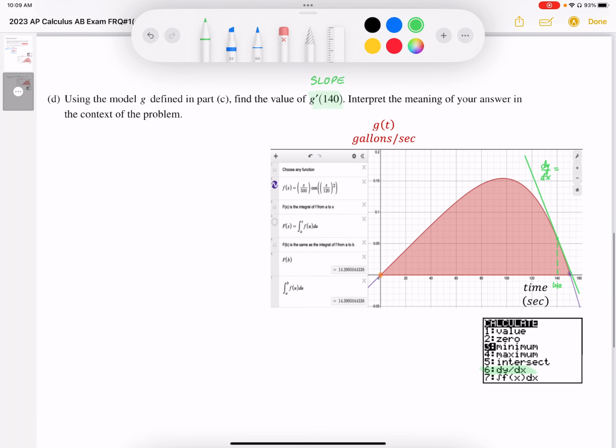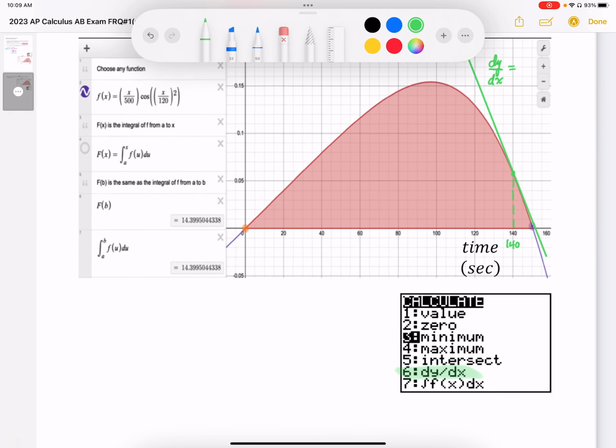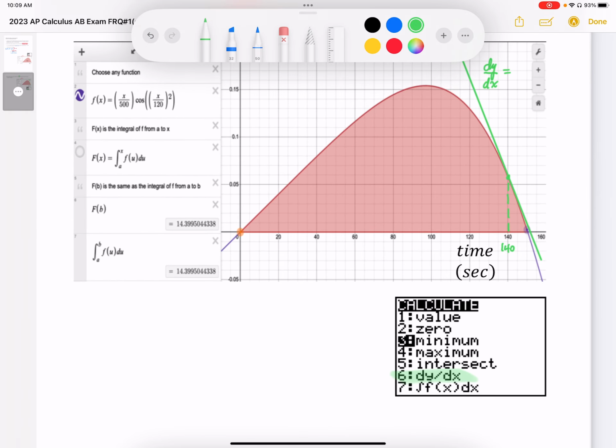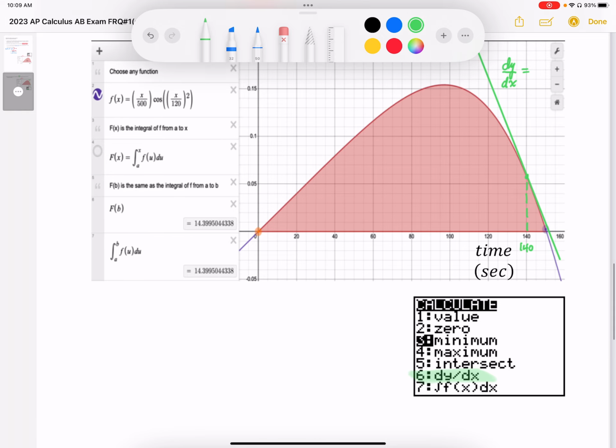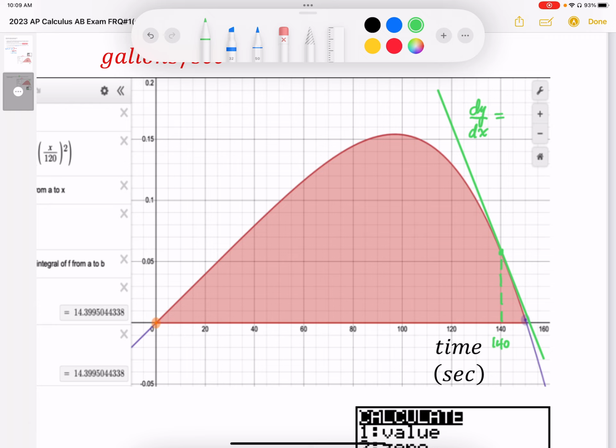Since this is a graphing calculator section, we use the dy by dx function on the calculator, going down to our calc menu. Using that function, the calculator gives us a value of negative 0.0049089.